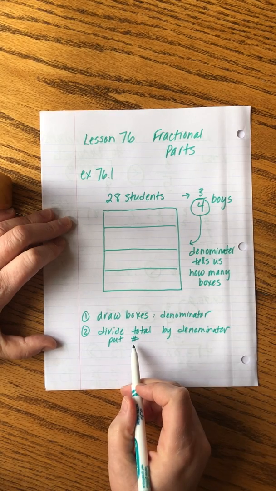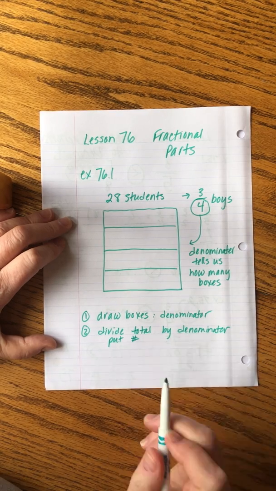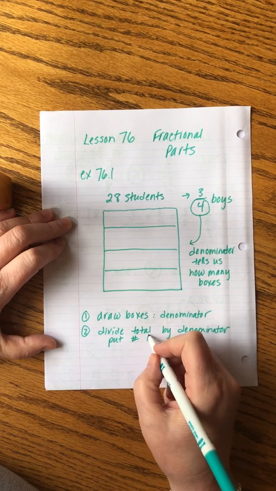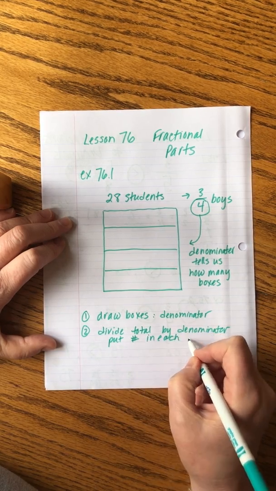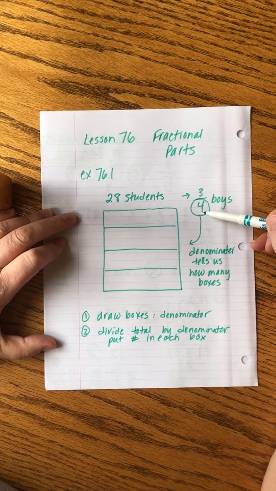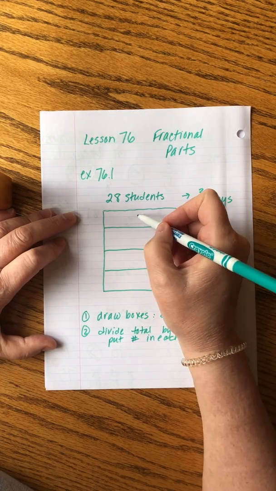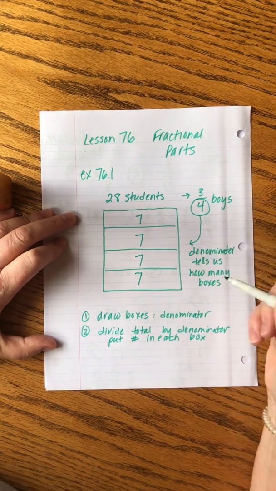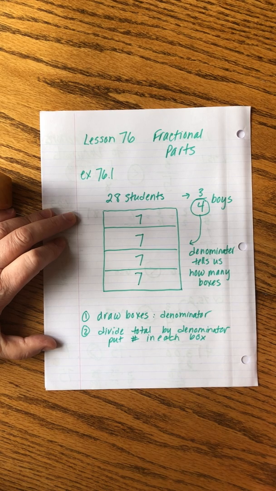This is the hashtag symbol that stands for number. In our example, our total is 28 students. Our denominator is 4. So we can write 7 students in each box.